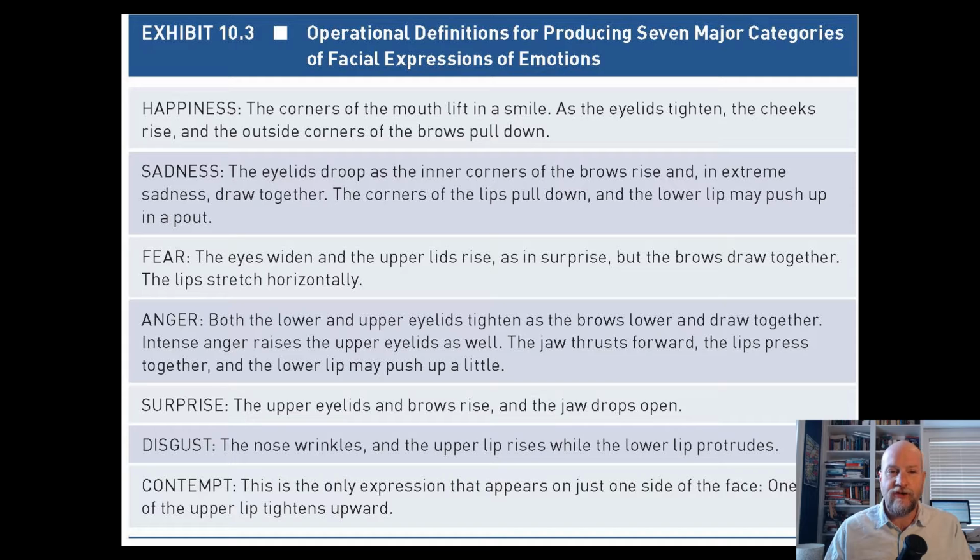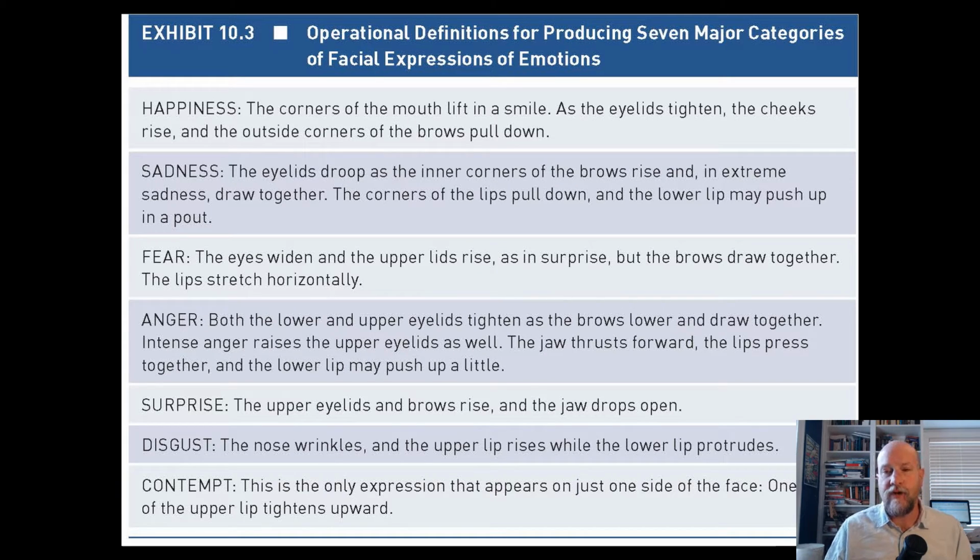These are the operational definitions that he developed, and he argues these are essentially exclusive from one another, and that they capture the majority of what we communicate through our faces as regards emotion: happiness, sadness, fear, anger, surprise, disgust, and contempt. As you can see, he's developed a very specific operational definition of what the face does to express these emotions. If you sit with a mirror or with your phone for a moment, as if you're taking a selfie, and you look at these descriptions, the corners of the mouth lift into a smile, the eyelids tighten, the cheeks rise, the outside corners of the brow pull down.